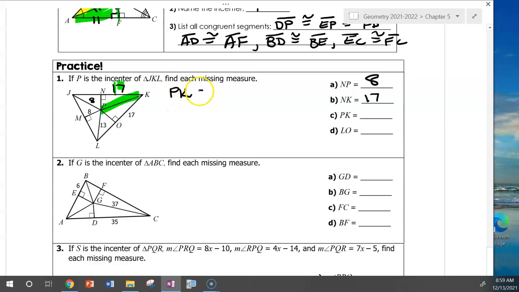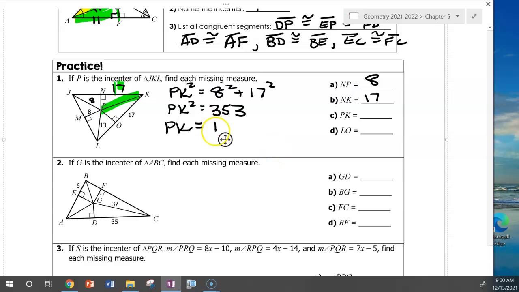So PK squared equals 8 squared plus 17 squared. Just punch this in your calculator. And we get 353. Square root of that, I'm just going to press my square root button, and I get 18.8.